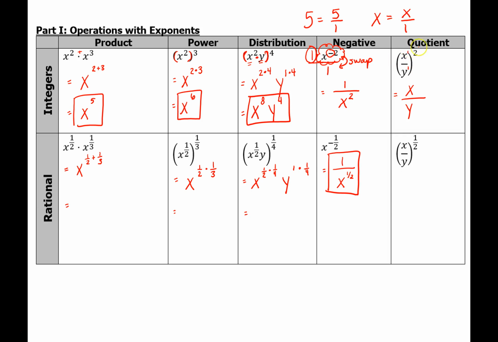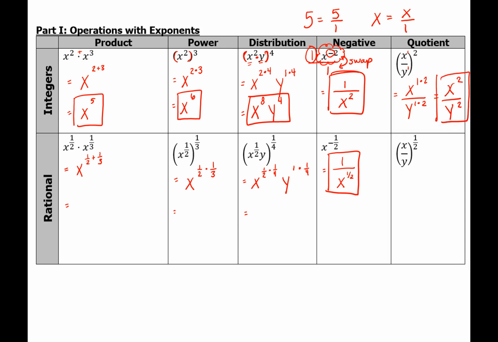But because it's a quotient, we're going to do it to both the numerator and the denominator. So in the numerator, we have 1 times 2, and our denominator's base, y, has an exponent of 1, so we're going to multiply that by 2 as well. So that means then that we have x squared over y squared for our final answer there.